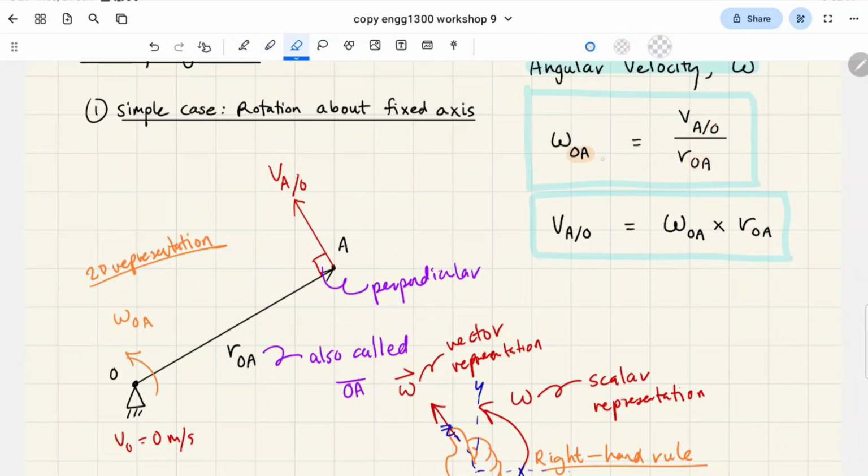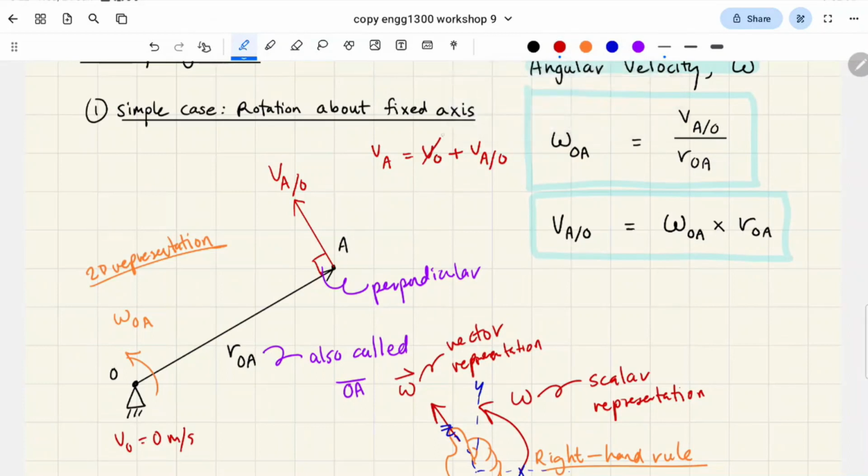One more thing to note is that when we have one end as a fixed end, right? Okay, let's just quickly do this. Do you remember our relative velocity equation? This one, right?